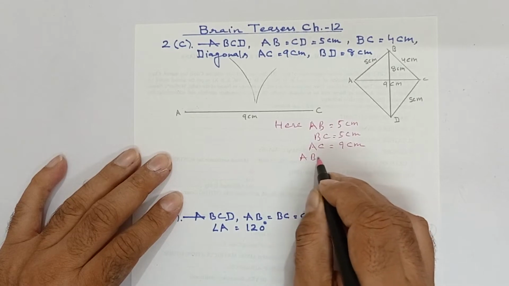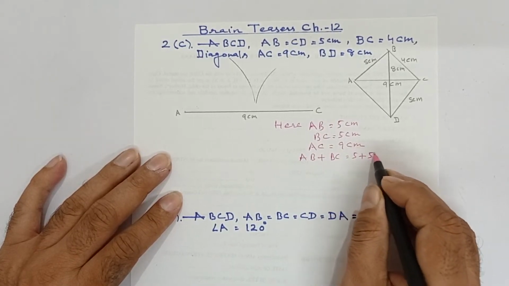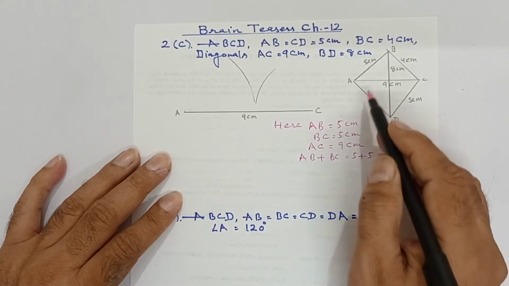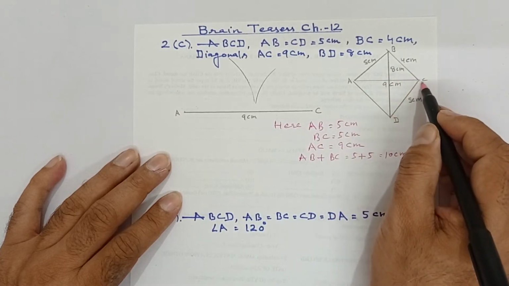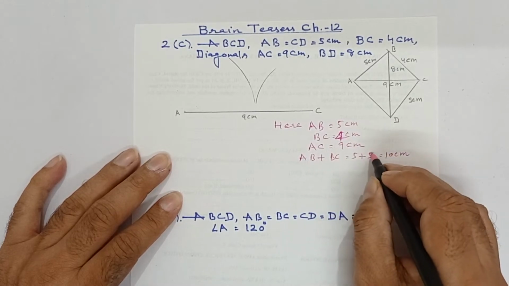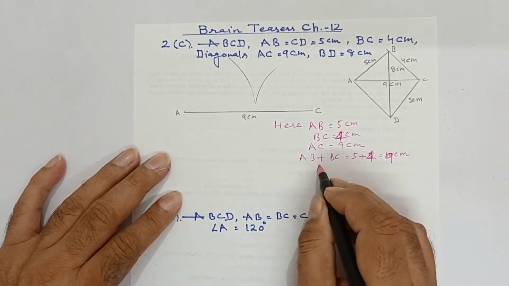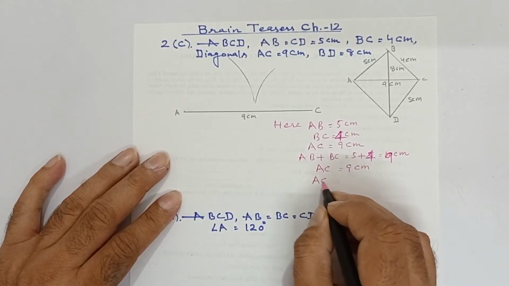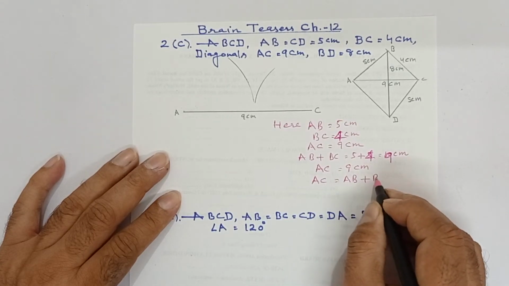Because if I add AB and BC, 5 plus 4 will come 9 centimeter, and AC is already 9 centimeter. It means AC has become equal to AB plus BC.